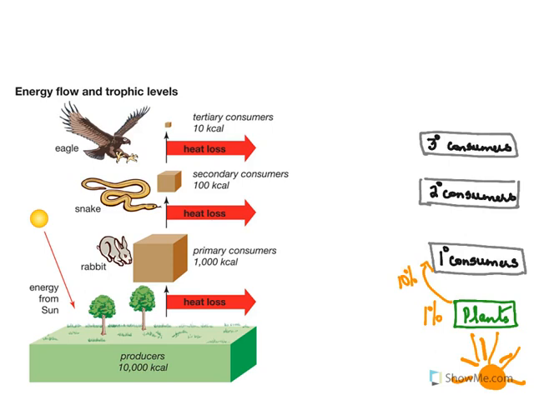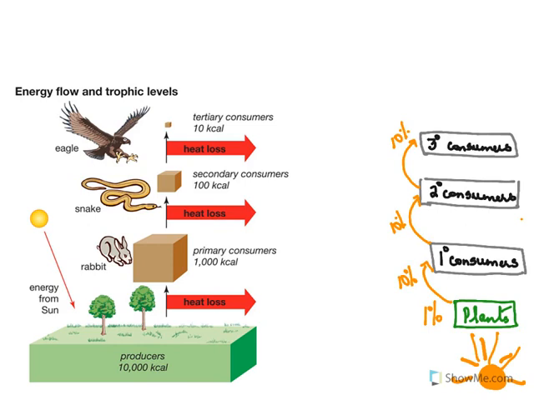Then the secondary consumers feed on the primary consumers, and again there's a 10% transfer of energy into the next level. Similarly, another 10% transfer of energy to the tertiary consumers. So at every level, only 10% of energy is transferred from one level to the other. Clear in this picture.